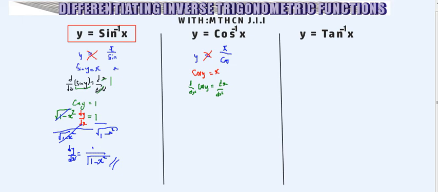If you have not watched that video, go over to the video titled differentiating trigonometric functions, not inverse. You watch that video and you're going to know what I'm doing here. Now cos y, if you differentiate, you're going to end up with what? Minus sine y is now equal to, differentiating x is still 1. So you have this now.